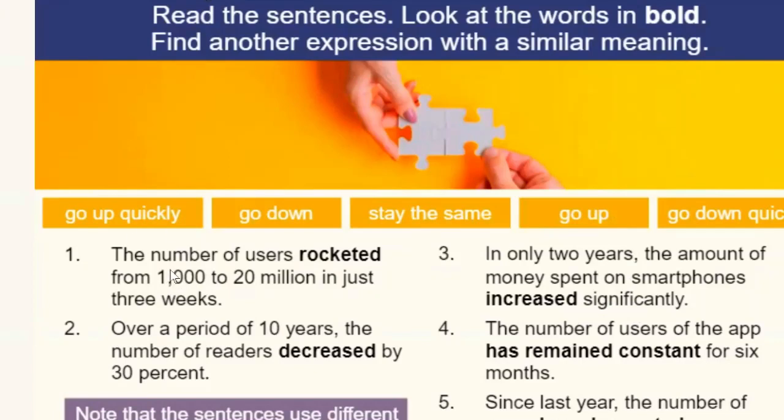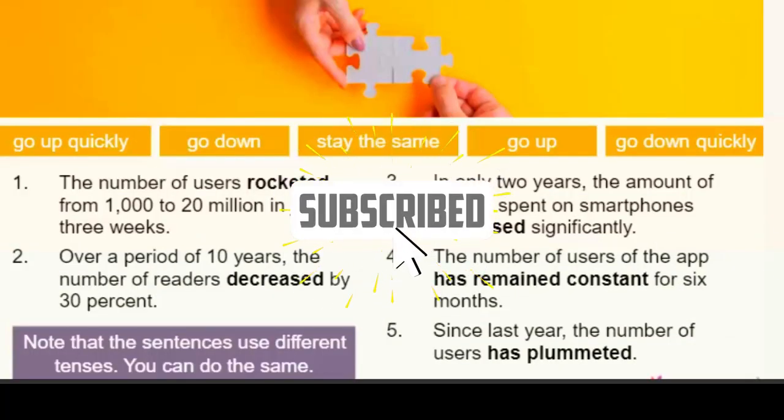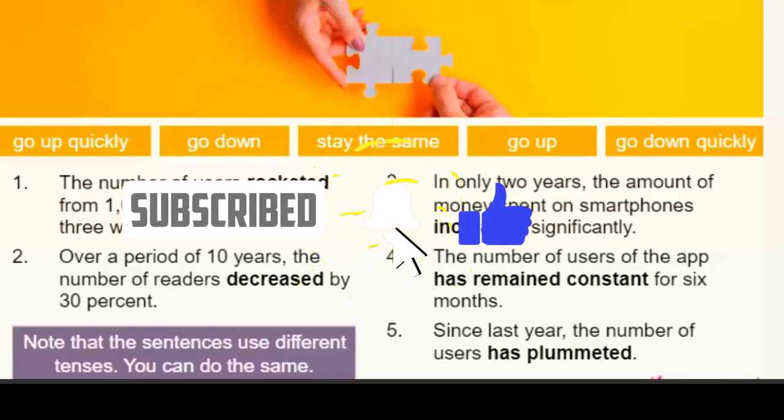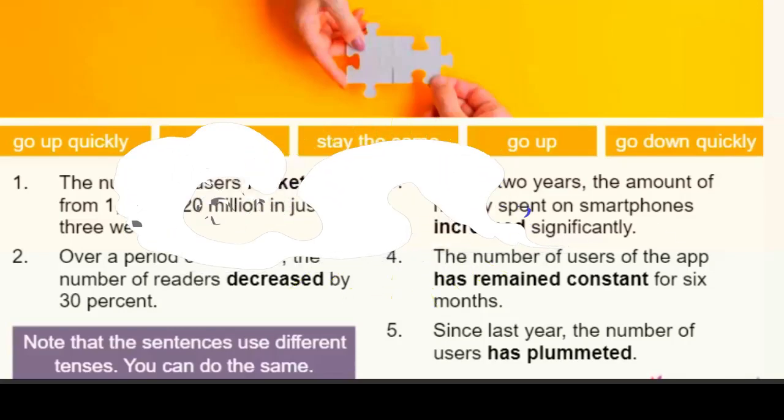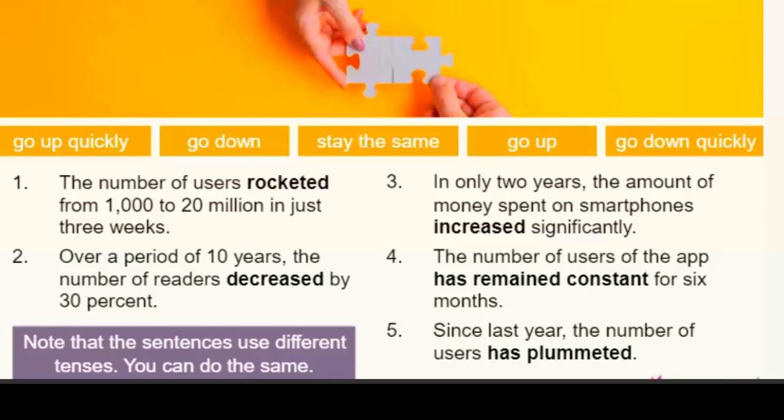The first sentence says the number of users rocketed from 1,000 to 20 million in just 3 weeks. Okay, so drop, fall, down, bring down, went down.